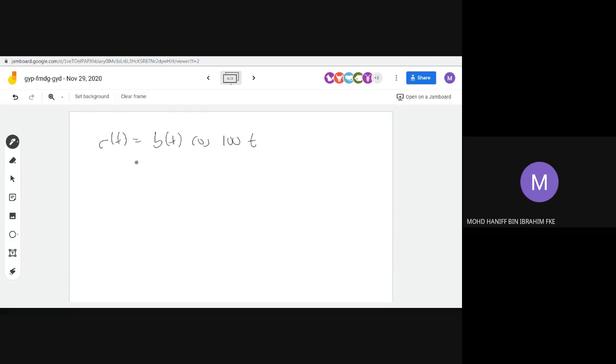Since we have obtained the BT just now, CT can be written as 5/4 times exponential of j 40t plus exponential of negative j 40t, and the cos of 100t is written as exponential of j 100t plus exponential of negative j 100t, divided by 2.